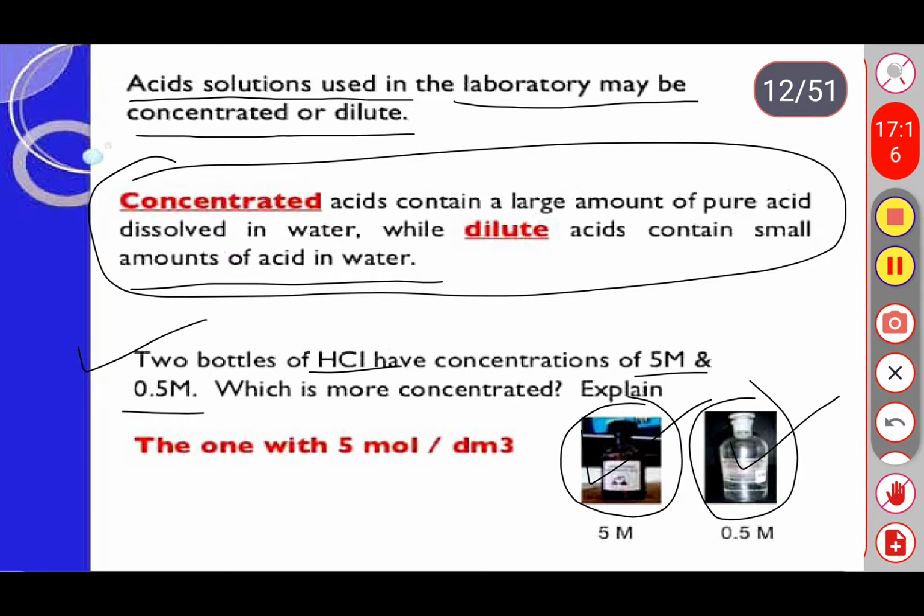So which is the strongest or most concentrated acid here? Obviously the first bottle has more concentration, because we have a very large amount of acidic substance in the first bottle.